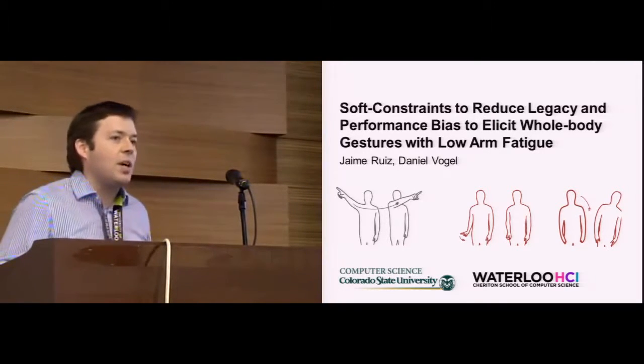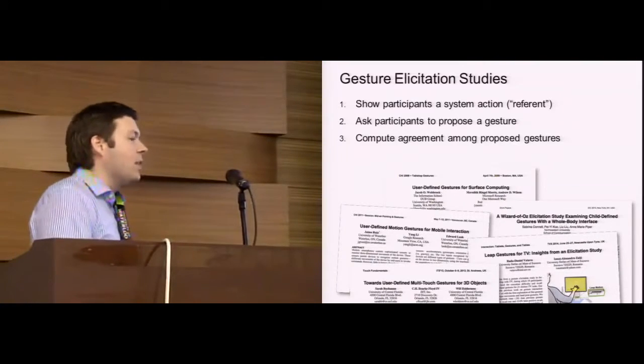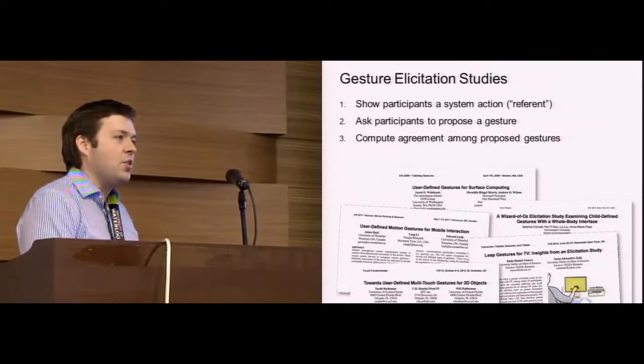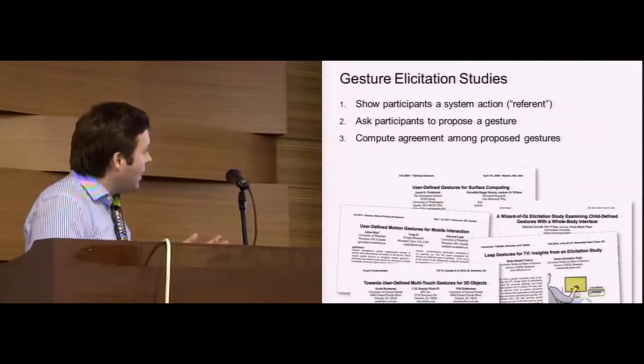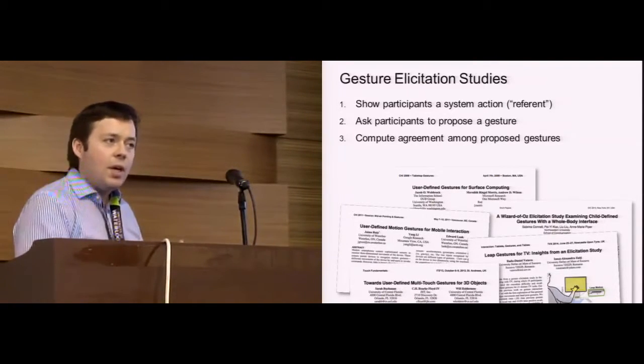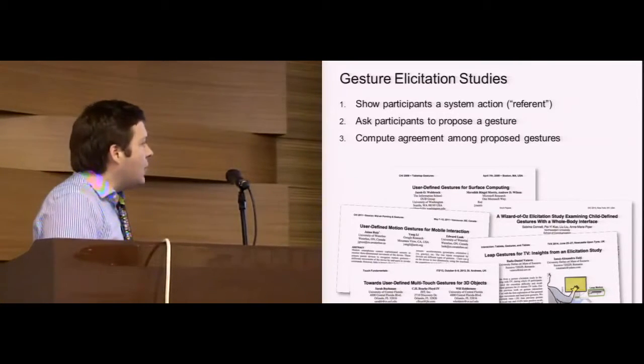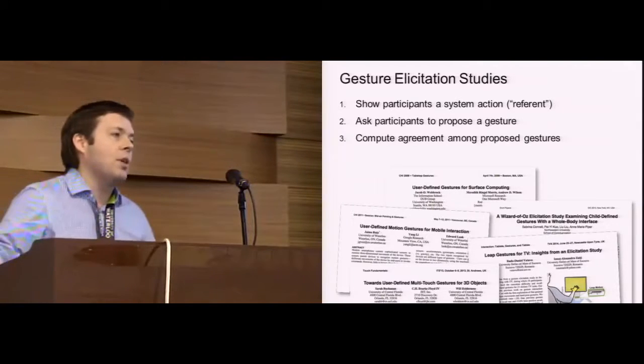As you see from the title, this is in the space of elicitation studies. We've seen a lot of elicitation studies in the HCI literature over the last several years. I think we all know what's involved. You ask participants to perform a task with a computer in the environment, and you compute agreement amongst those participants.